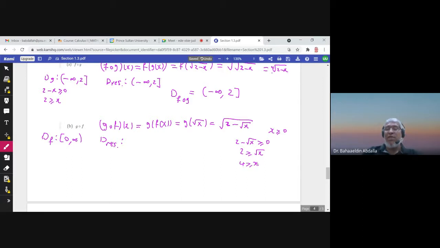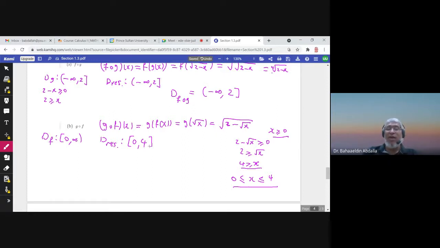So x is less than or equal to 4. So x should be greater than or equal to 0 and less than or equal to 4. So it's between 0 and 4. So the domain of the result is 0 to 4.